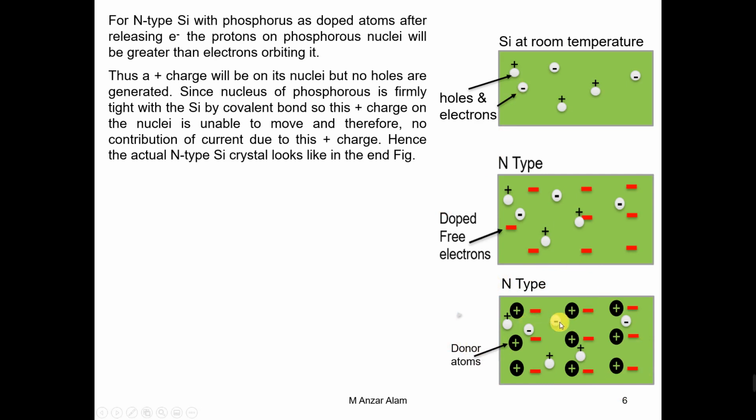So the free electrons are increased. Mainly the free electrons are the minus charges. This electron is also free, so both electrons will combine with each other. I mean, the contribution to the current will be due to the free electrons and also due to this electron.